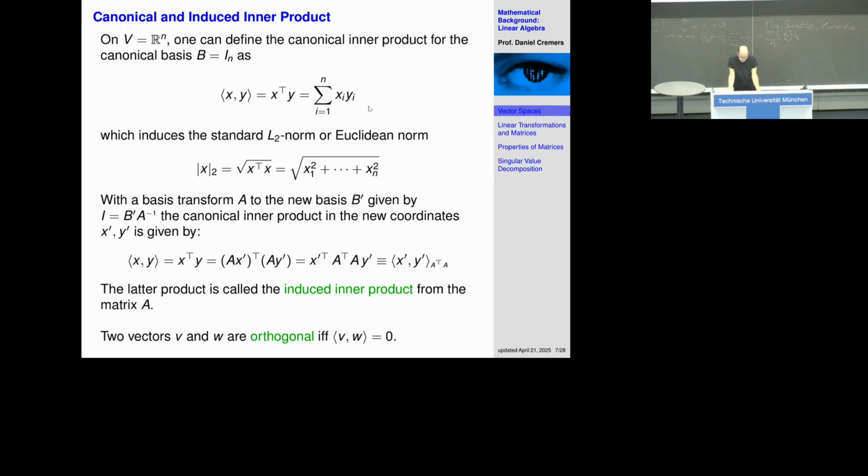This is called the canonical inner product, and this induces the L2 norm. So if I take the canonical inner product and the norm based on that product, then I get this distance and this length, and this is called the Euclidean norm for a vector and the Euclidean distance. This is commonly the way you measure distances in Euclidean spaces, but doesn't have to be.